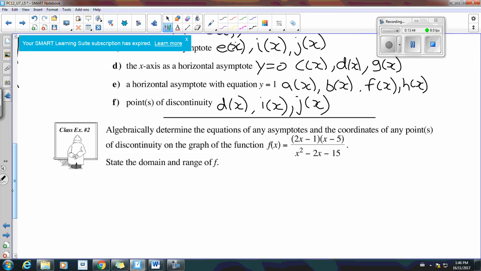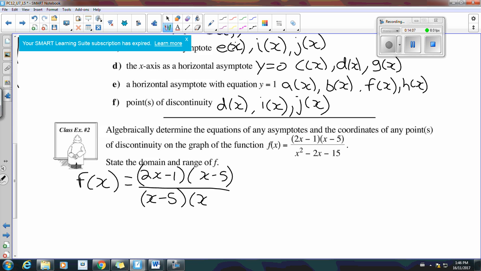Okay, example 2. Algebraically determine the equations of any asymptotes and the coordinates of any points of discontinuity of this function. So as always with rational functions, we start by factoring. So two numbers that multiply to -15 and add to -2 would be -5 and 3.